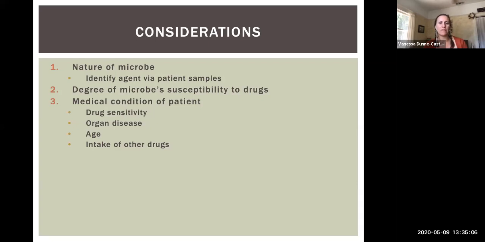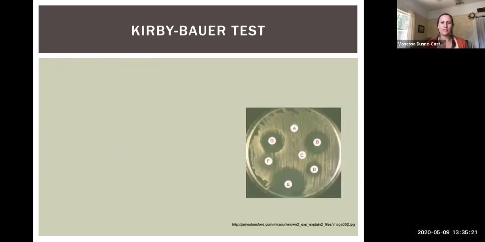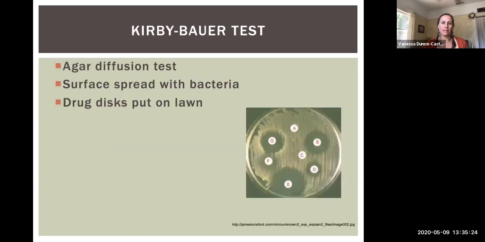So with the collection of all of these things, you should be able to then look at all of the potential antimicrobial medications we have available to us, or to you, and choose the best one for each of these different areas. As mentioned, we have this Kirby-Bauer test, or agar disc diffusion assay, that can be done to determine the microbe susceptibility.